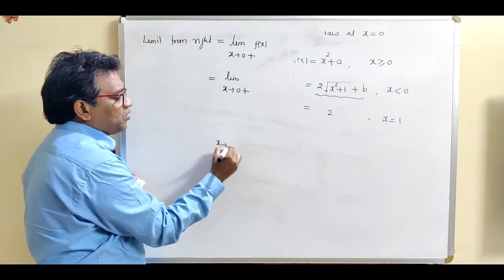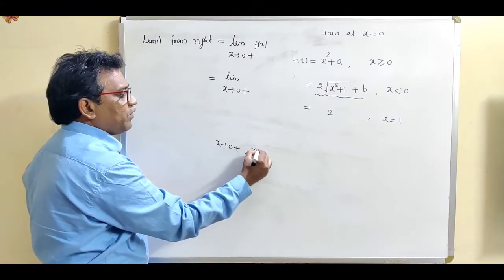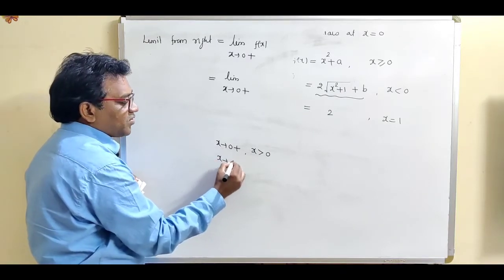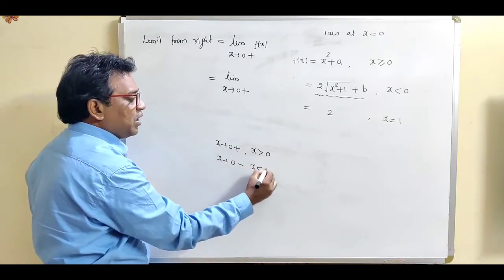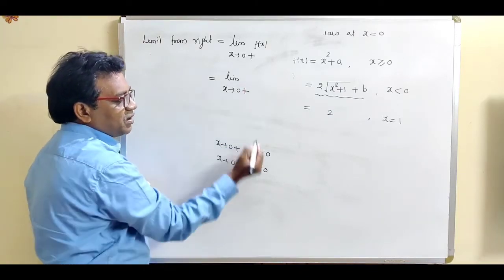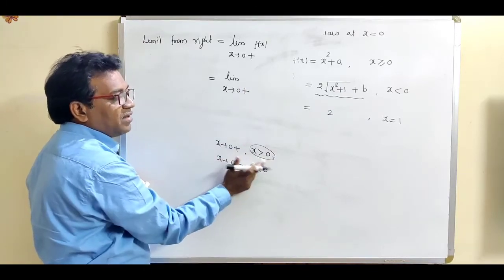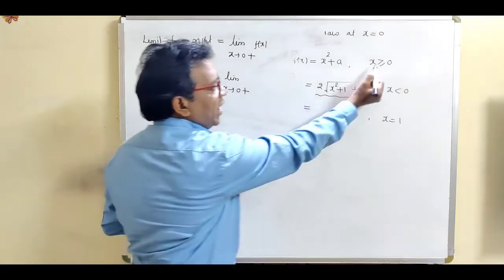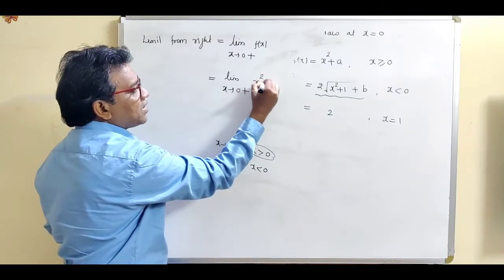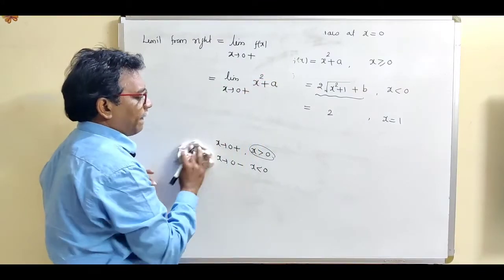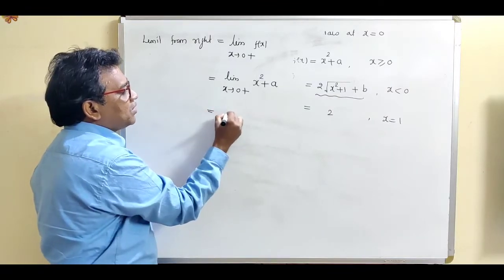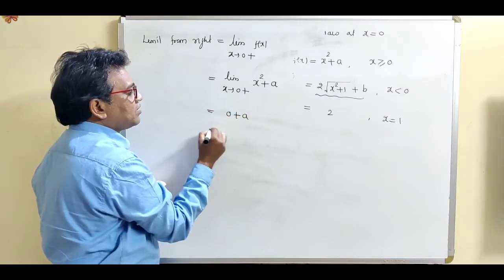Now extending to 0 plus means the value of x is greater than 0. Extending to 0 minus means the value of x is less than 0. So select that function at which this condition holds. x is greater than 0. So this is the required function, that is x square plus a. So now put x equal to 0. This is 0 plus a. So this is the same as a.